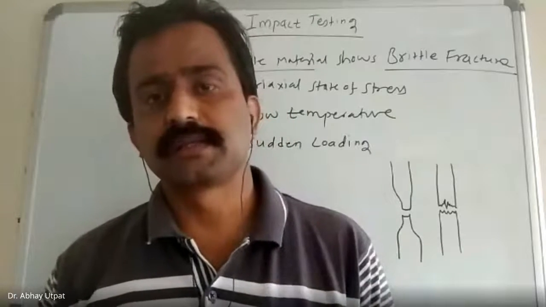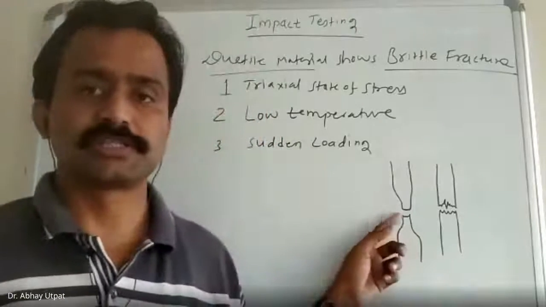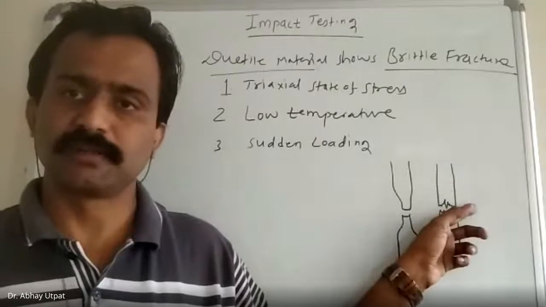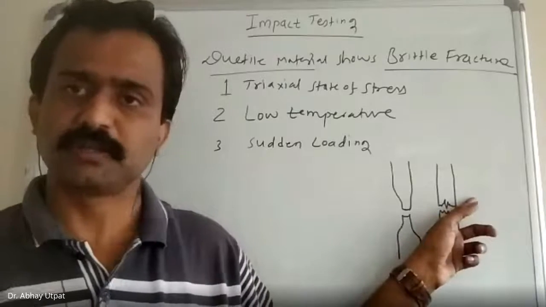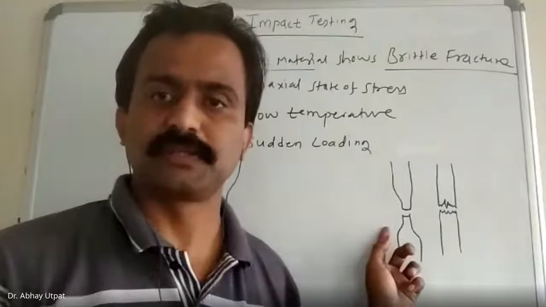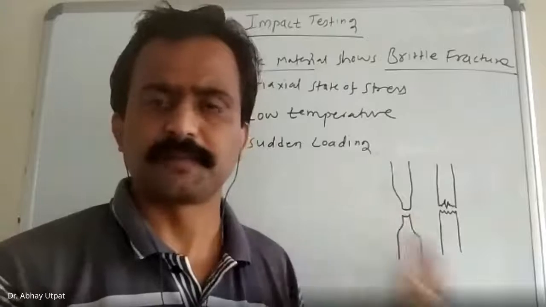In that case, your material may fail suddenly without showing any signal. This is a signal. This is no signal. This fracture causes accidents. Here you can stop the machine. You may hear some misalignment sound, etc.